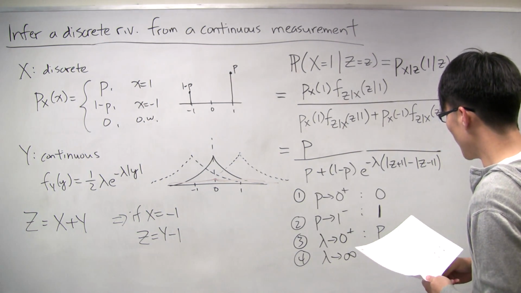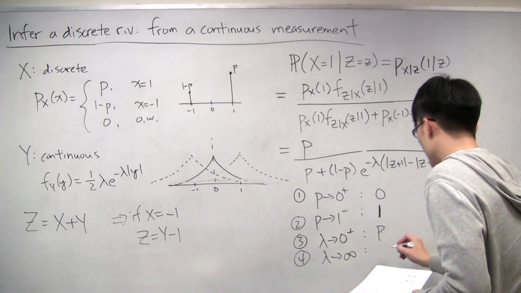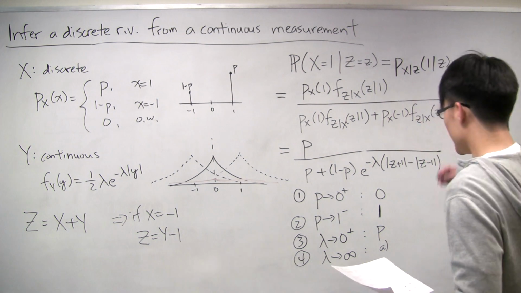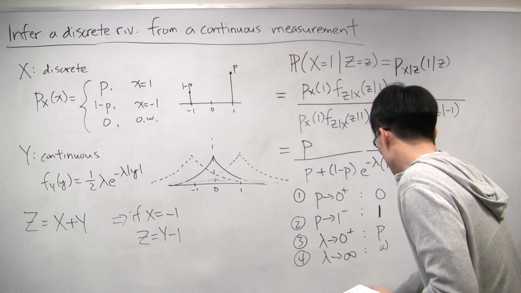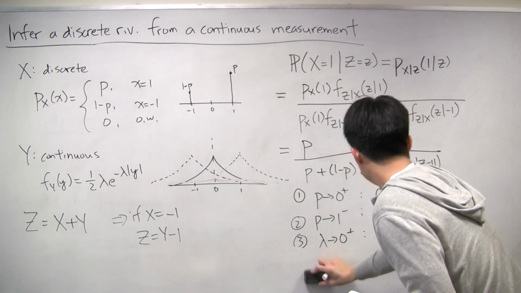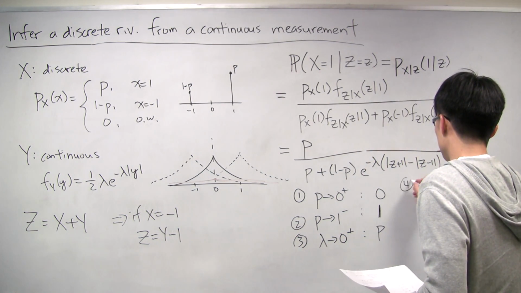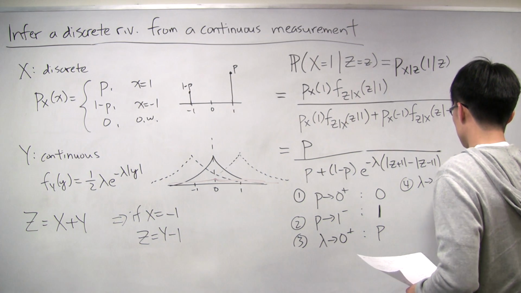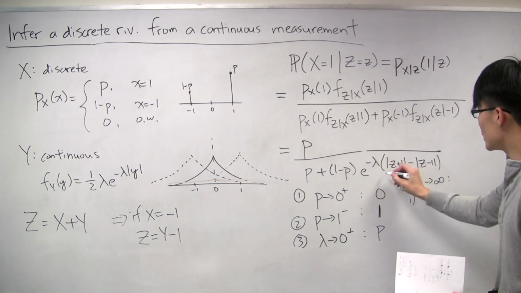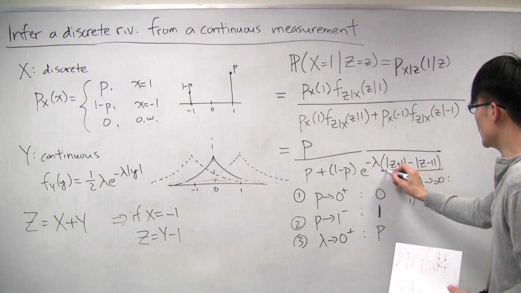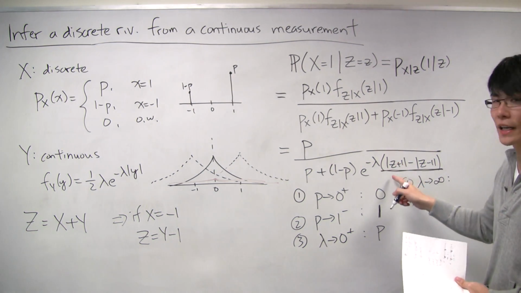And now this we have to break down into two other cases. The first case, when lambda goes to infinity, depends on the sign of this value.